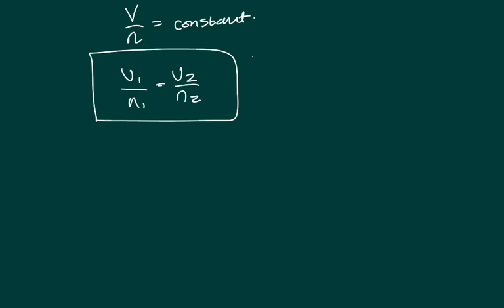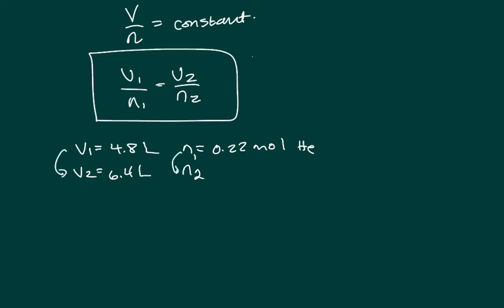We have V1 to be 4.8 liters, and N1 as 0.22 moles of helium. And then how many additional moles of helium must be added to the sample to obtain a V2 of 6.4 liters. So as you can see, of course, since volume went up, it should make sense that the number of moles should go up. But let's measure exactly how much that is.